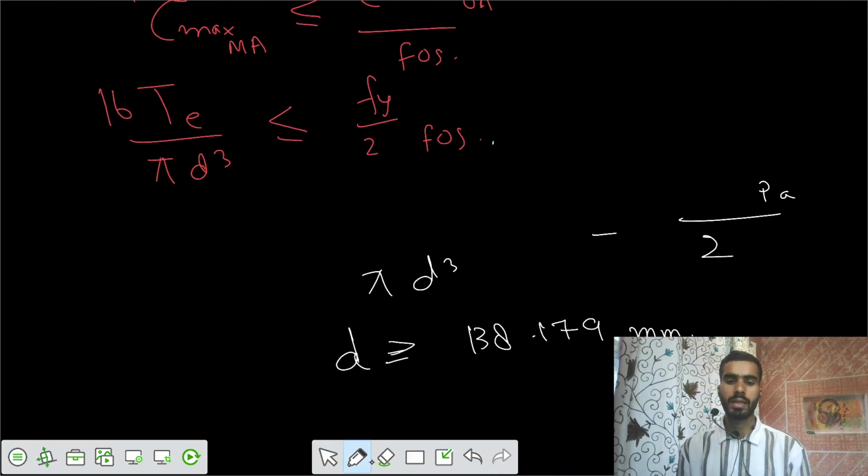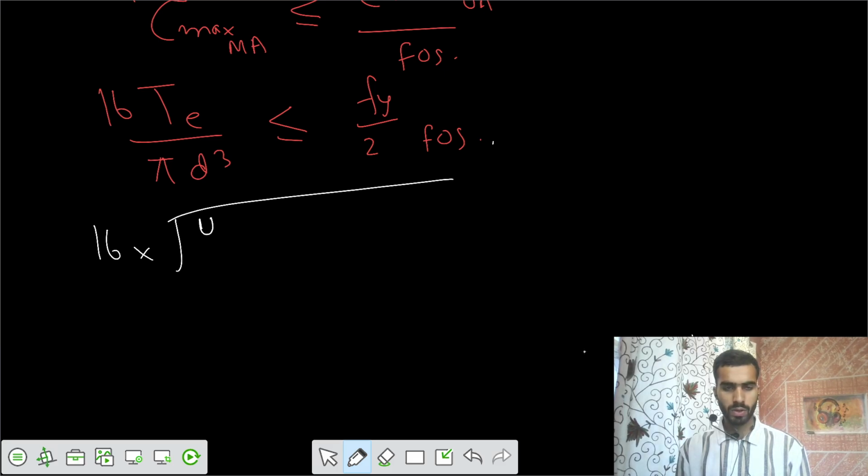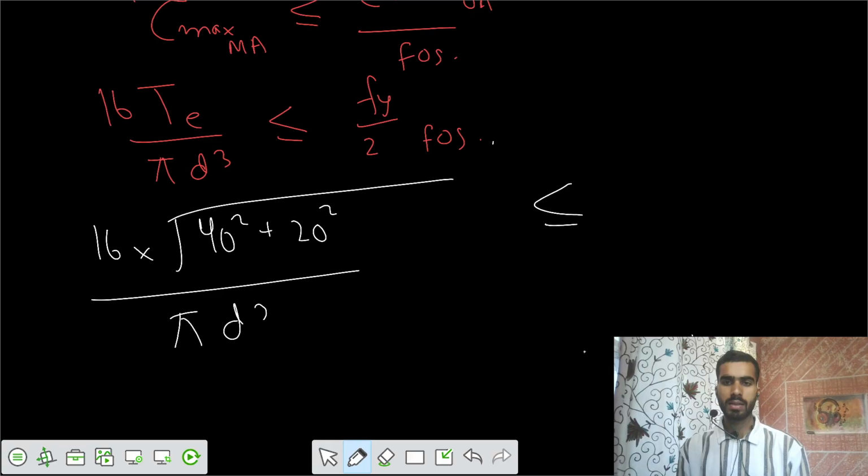If I get the value of Te, I can get tau max for the multi-axial loading: 16 into root of 40 square plus 20 square, divided by pi d cube, less than or equal to 250 megapascal divided by 2 into factor of safety 2.